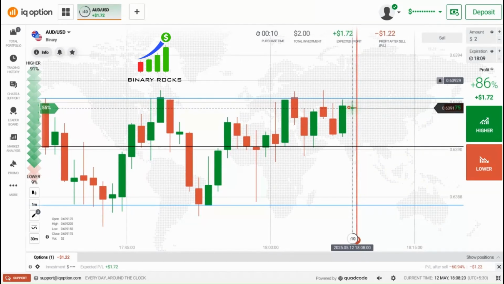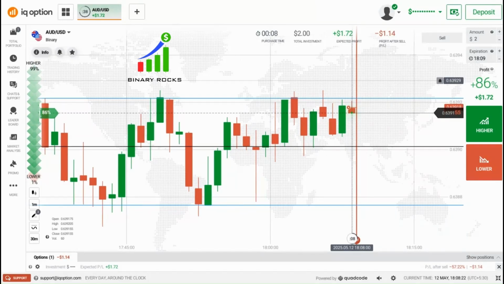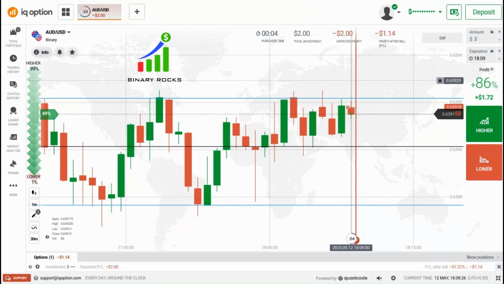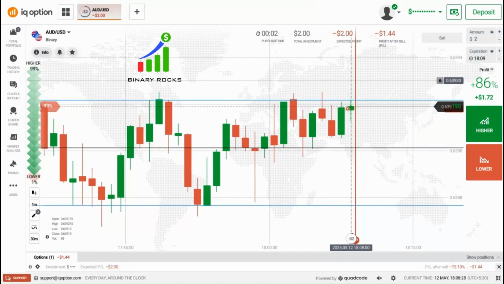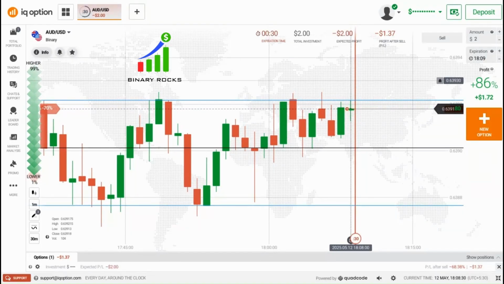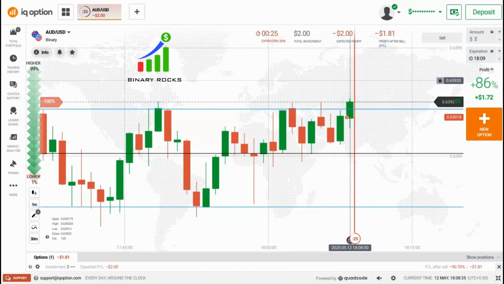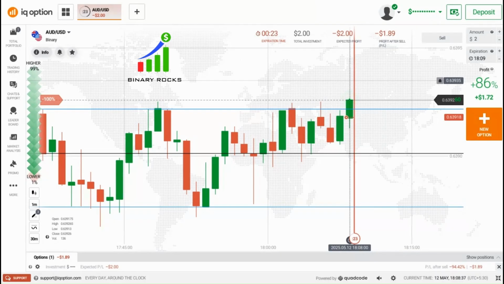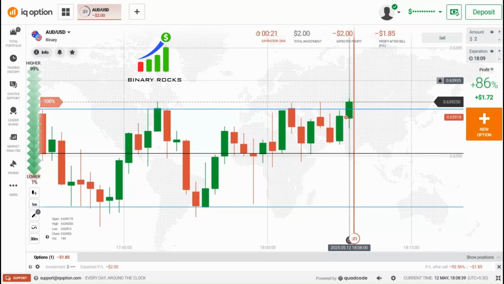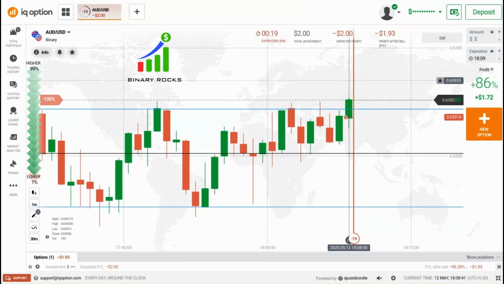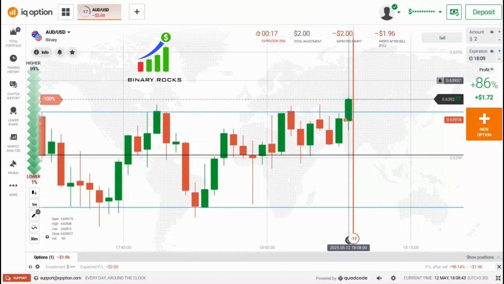Because in a ranging market, it will make maximum retracements whenever it is reaching the level. Sometimes it will fulfill, sometimes it will reject at the wick level also. If you notice the previous candle, you will understand how it was rejected all of a sudden without reaching over there. So these kinds of things will happen.